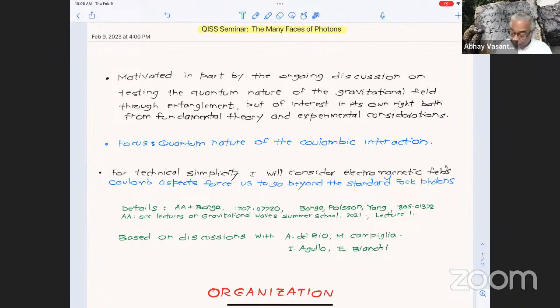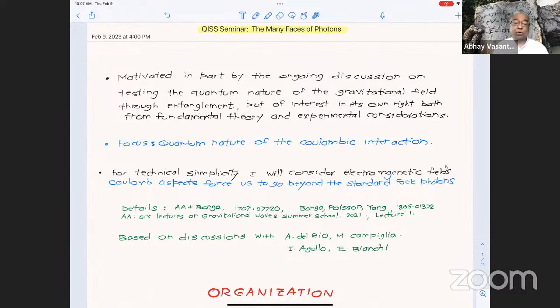I'm also going to use some work that Beatrice and Eric Poisson and Frank Yang did some time later. There is also a set of lectures on the web page. If you just search my name and lectures on gravitational waves, summer school, this was in China in 2021. The first part has to do with photons, and the second part with gravitons.